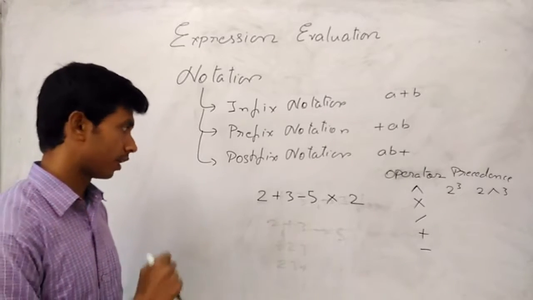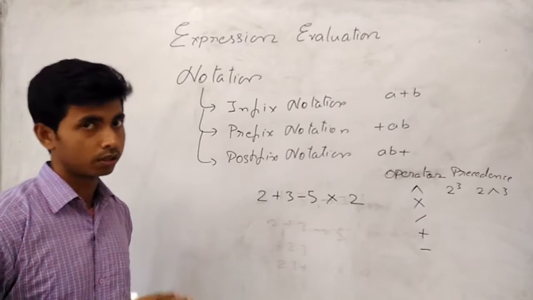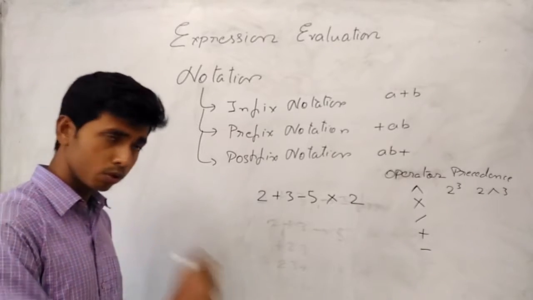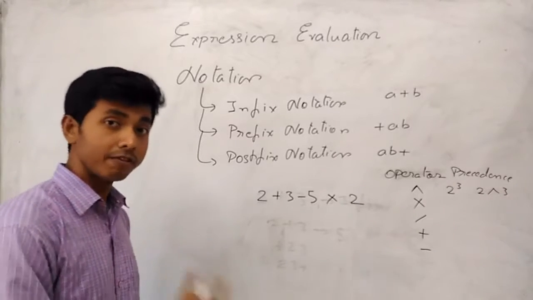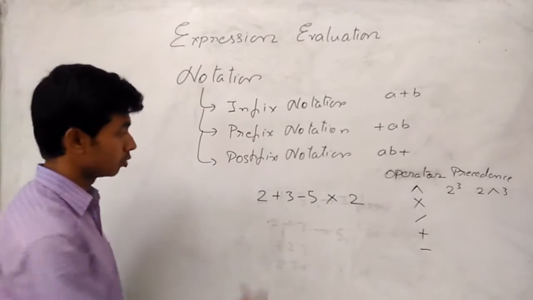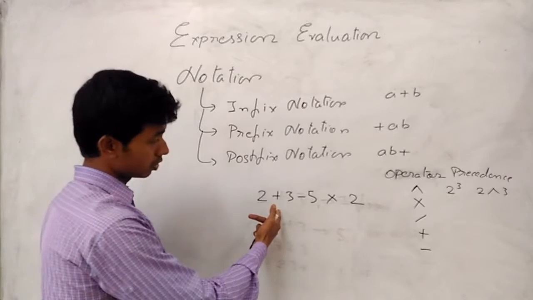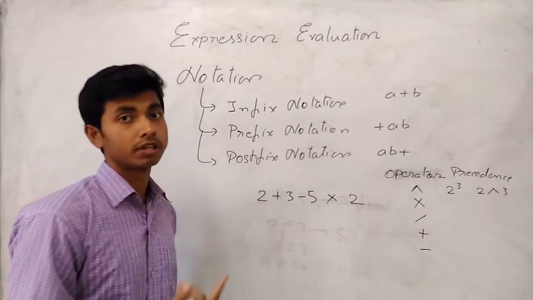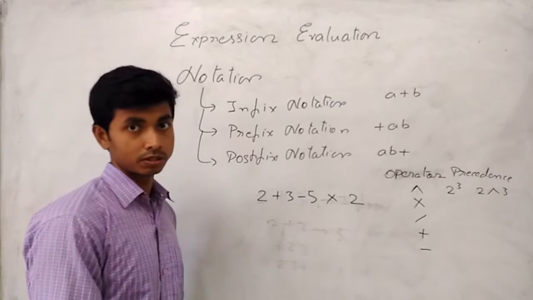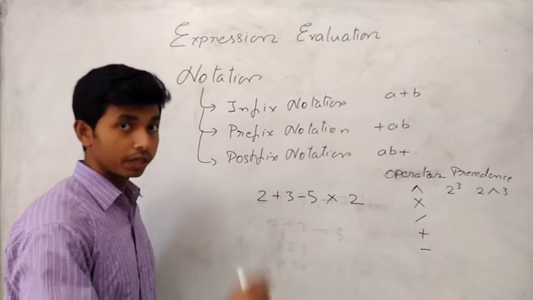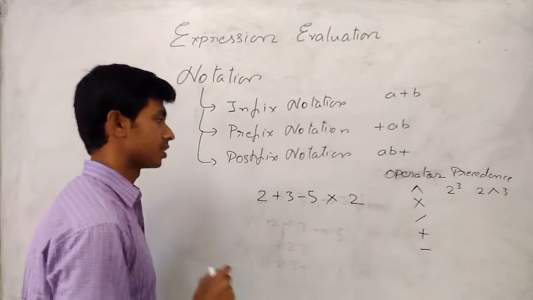If we don't use operator precedence, this very expression might have multiple answers, because you might evaluate addition first, then multiplication, then division. Every person will have a different answer to the same expression, which is an ambiguous situation. That's why you have to use operator precedence.